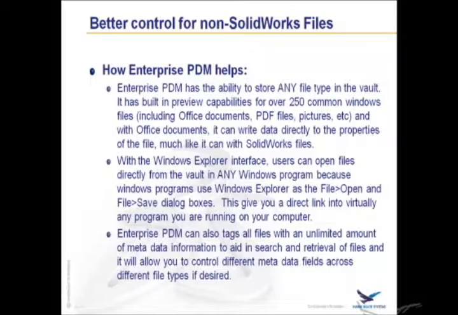Other things that Enterprise PDM can do for non-SOLIDWORKS files is tag them with metadata. So if you've got failure report documents or G-code or whatever, you want to tag that with information like what part number it went with, who did it, what customer it was for.